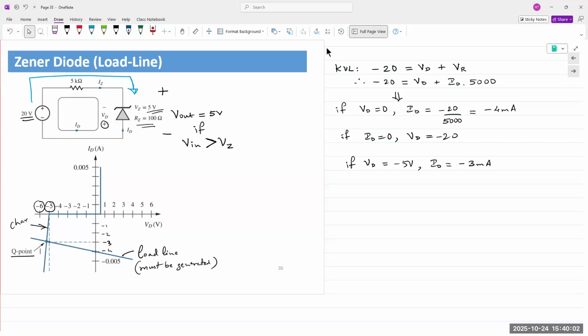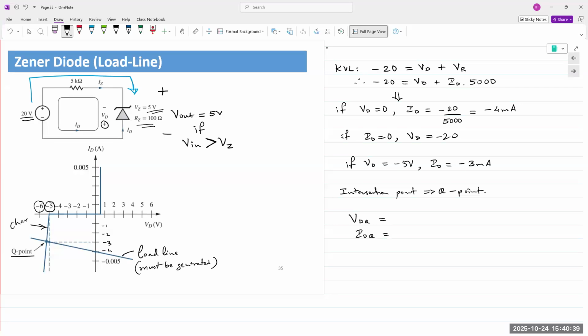And this is the downside of a graphical analysis. If you don't have a zoomed-in view of the graph or the chart, it's impossible to predict an accurate value. So at the intersection point, this is the Q point, and the coordinates of the Q point give us the value of VDQ, or we could say VZQ, and then IDQ.